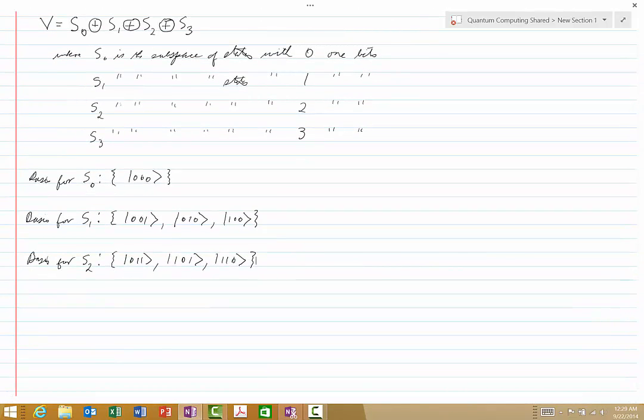This would be the basis for S2 that we would want to use. And finally, basis for S3. Again, there's only one state with 3 1-bits, and that is this. So these will be the bases that we will use in this case.